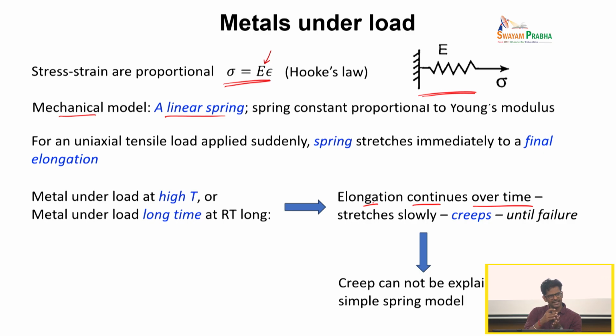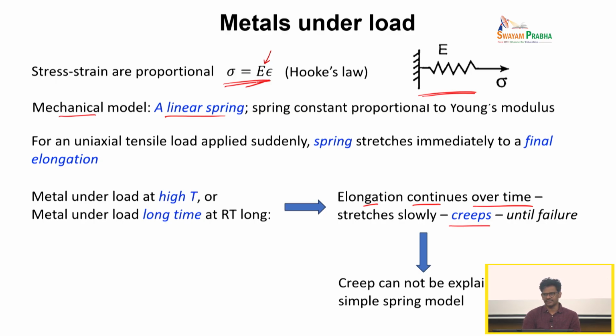In both cases, the elongation will not be immediate, but will have a history. It will change over time, and we call this creep response. This is basically that the material under tensile force, over a period of time, will continue to deform, and we call that creep behavior.